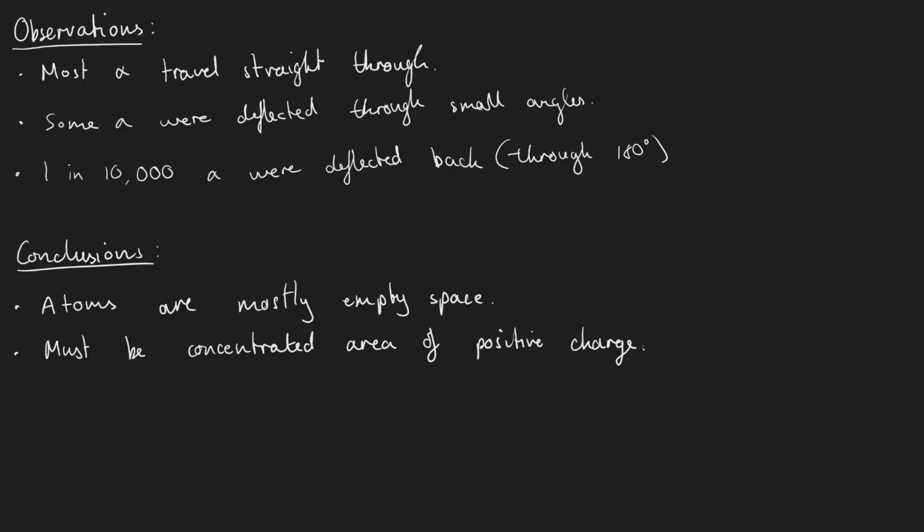Okay, in order for it to have a 1 in 10,000 chance, what we're saying is that we have a nucleus that's like this big, and we have an alpha particle that's about this big, or actually if I were to scale it up a little bit, let's have a nucleus that's about this big, and our alpha particle is only about this big. If this is then going to have an alpha particle here traveling past, this is going to deflect through some small angle.